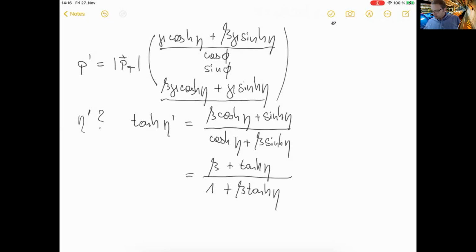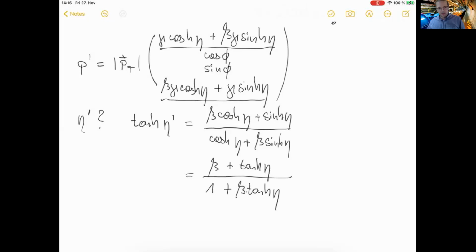If you look at this formula, it's x plus y divided by 1 plus x times y. It probably reminds you of relativistic addition of velocities, and that's exactly what's happening.